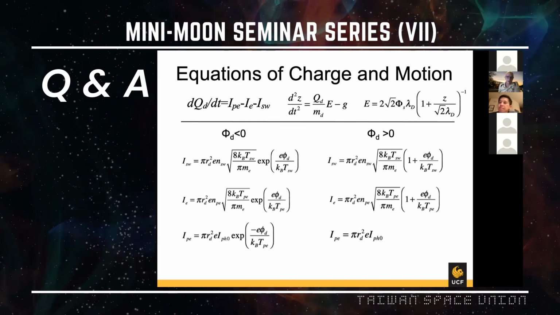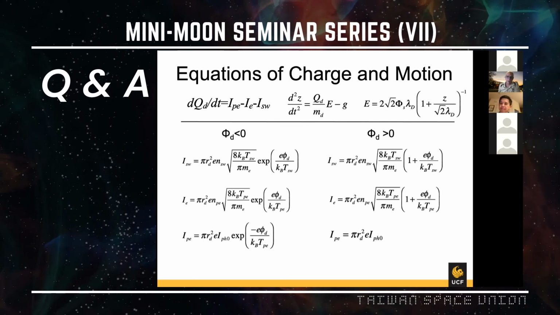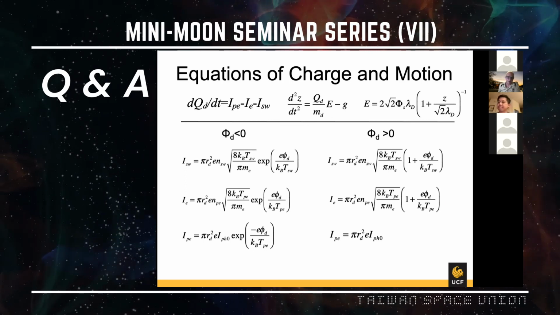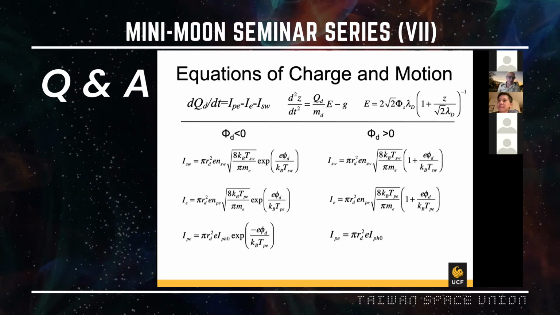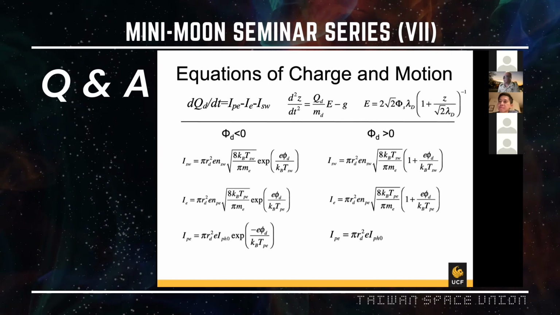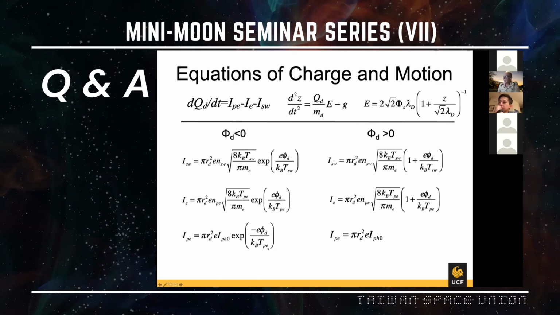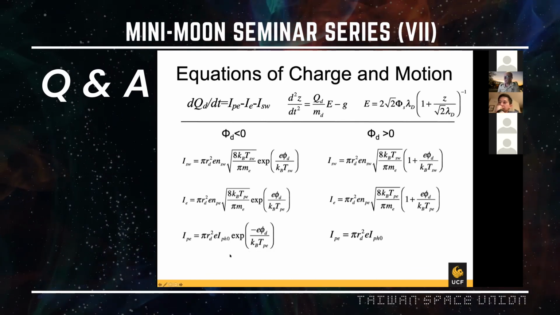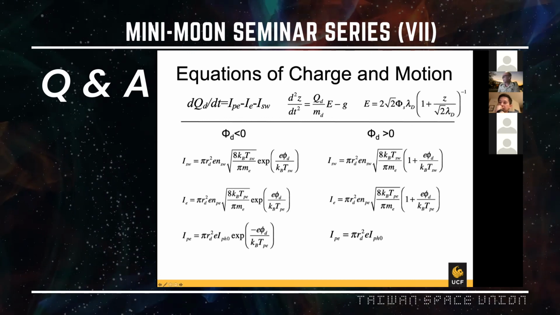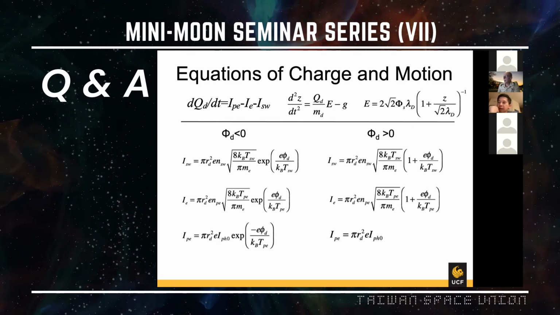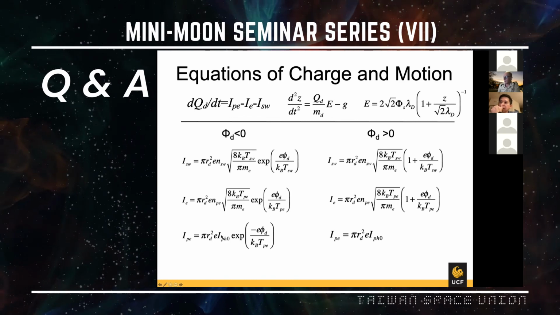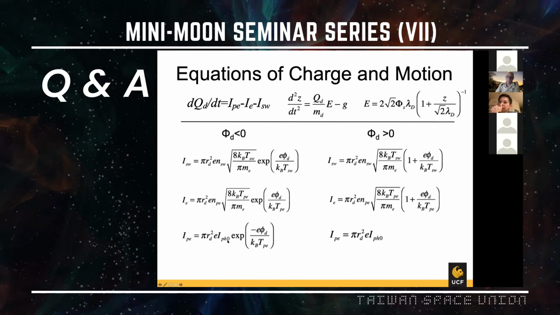But once you take a little tiny particle and put it up, the photoelectron yield is going to be wrapped up in this I sub pH 0.